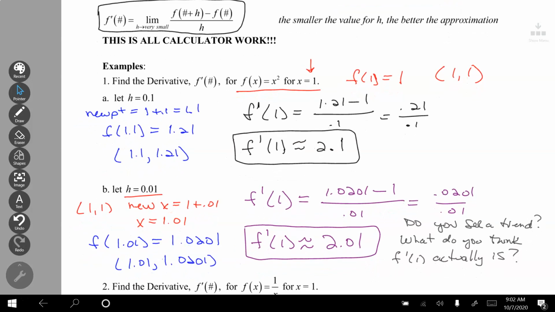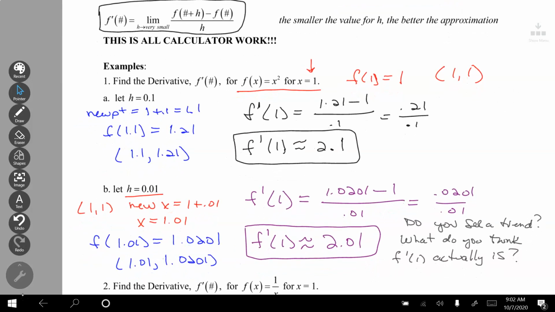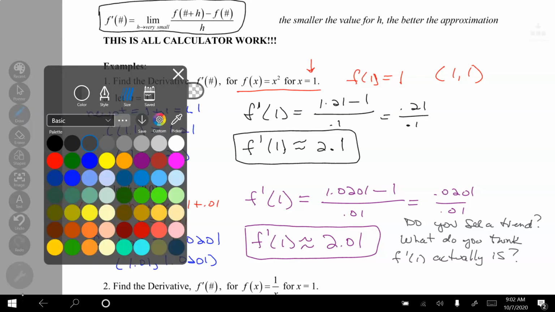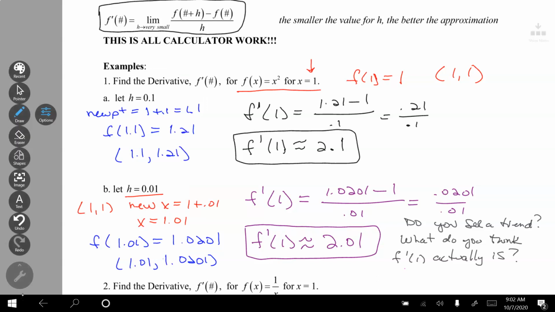These are approximations. F prime of 1 is about 2.1 when I use h as 0.1, or f prime of 1 is equal to 2.01 when I use a smaller h. Well, I'm seeing a trend here. I'm seeing that I'm getting closer and closer and closer to f prime of 1 is equal to 2. And we'll learn more about that in the next few days.